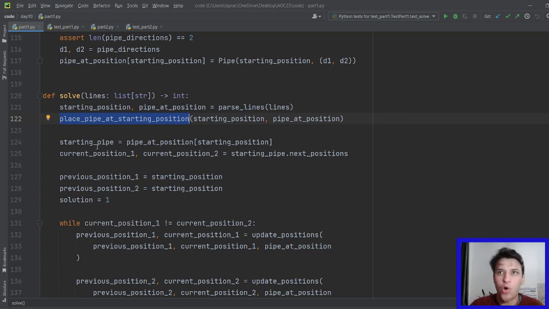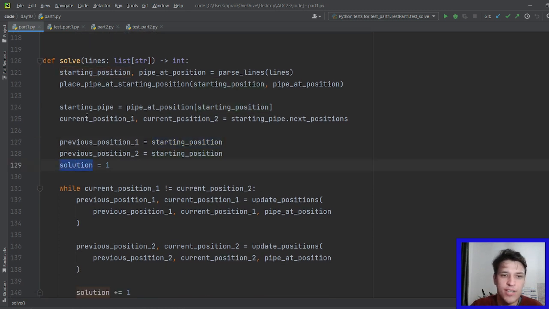And then we want to go around the loop in both directions. So we have two current positions at each time, and at the beginning they will correspond to the next positions from the starting pipe. We also need the previous position to know in which direction we're going. So for both current positions, that will be the starting position.